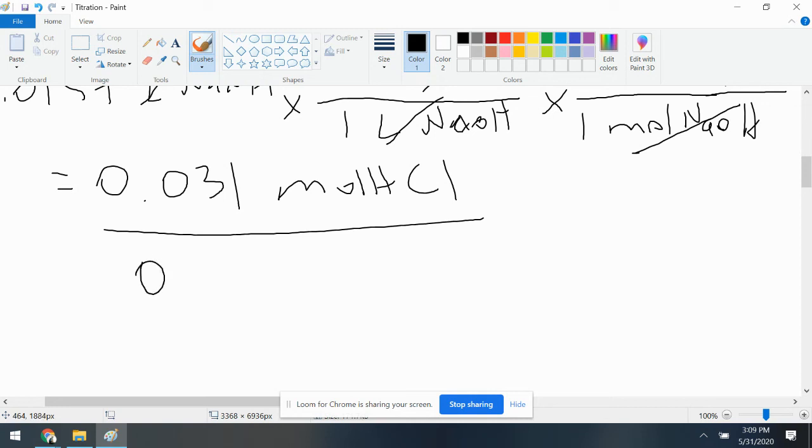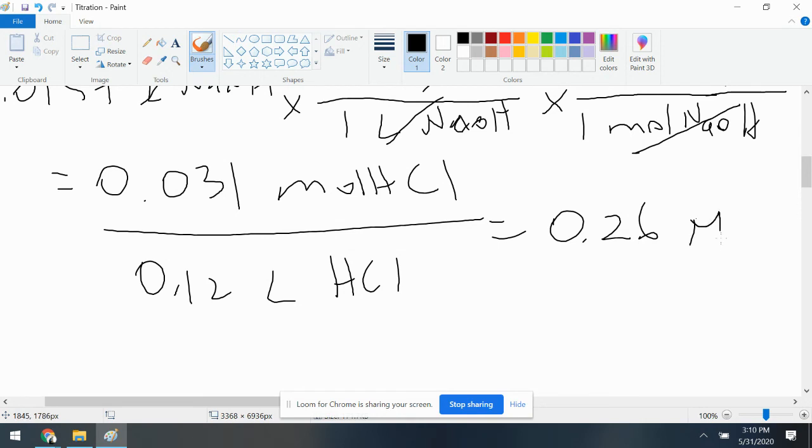So now you're going to get 0.12 liters of HCl. So go back, 0.031 divided by 0.12 is going to give you a concentration of 0.26 molar. I'm going to count for sig figs too.